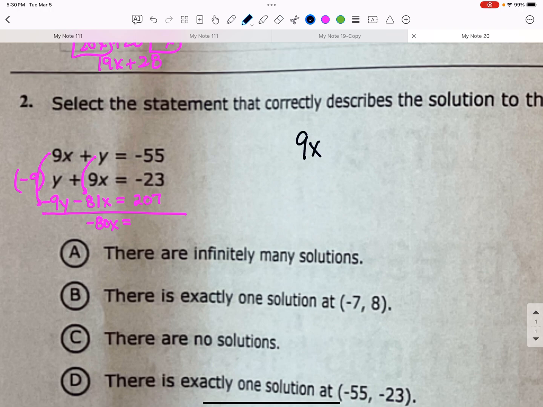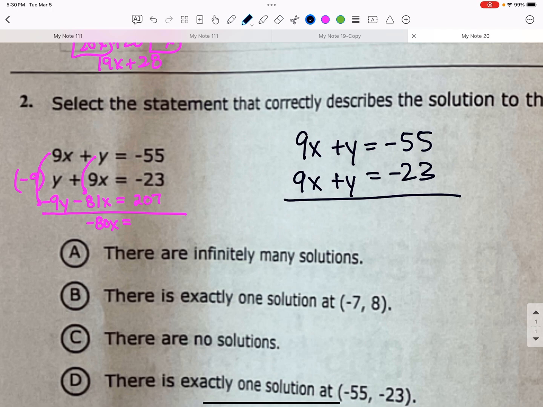Okay, 9x plus y equals negative 55. These aren't lined up in the right order. I didn't even look at it. I'm so used to seeing, these are y's, so I have to rearrange them. So I'm going to line up the 9x's plus y's equals negative 23. Now, okay, well, let's multiply this one by negative 1.